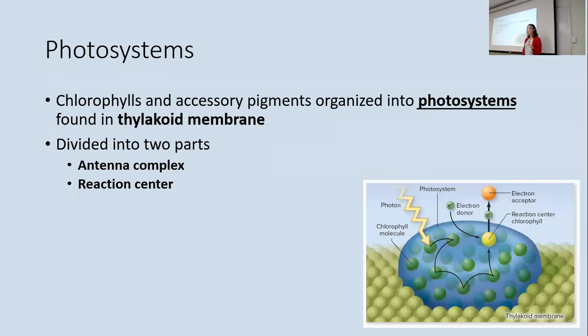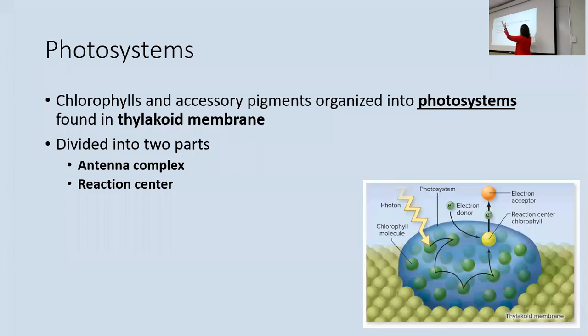So the photosystem is separated into two parts and it is embedded in the thylakoid membrane. So inside any given photosystem, you've got two things going on. You've got an antenna complex, right, which is receiving the photons, right? The light is hitting it. If you think of an antenna or a receiver, it's collecting the photons, it's collecting the energy.